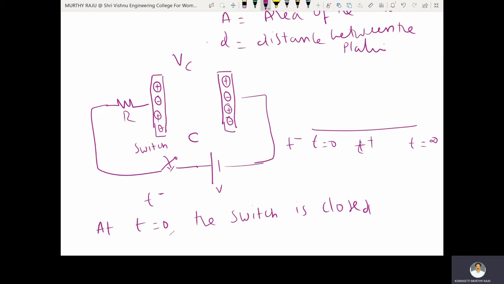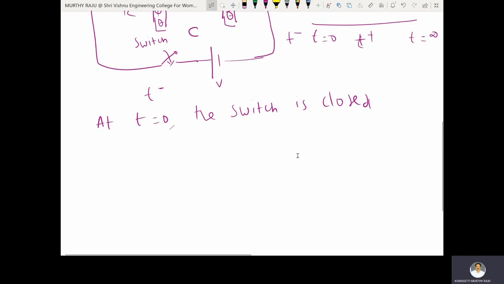At t equal to 0, the switch is suddenly closed, and at that instant also Vc is equal to 0. The voltage across the capacitor is equal to 0. As the t value increases, the capacitor is charged.